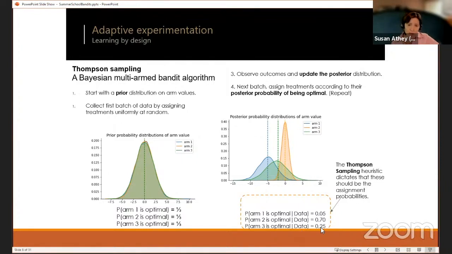And arm three has in this picture, the posterior variance is pretty wide. Maybe we haven't collected as much data about that arm. And so even though arm three has a lower mean, since we haven't collected enough data, there's still some chance that it could be the best arm. And so the Thompson sampling heuristic dictates that in the next batch, you assign treatments randomly, but in proportion to the probability that the arm is highest.